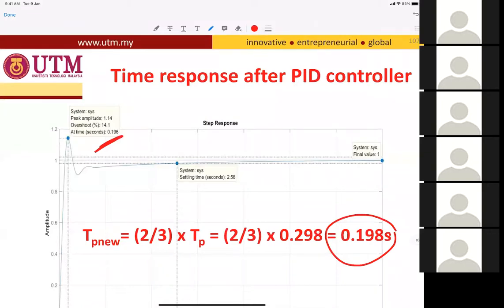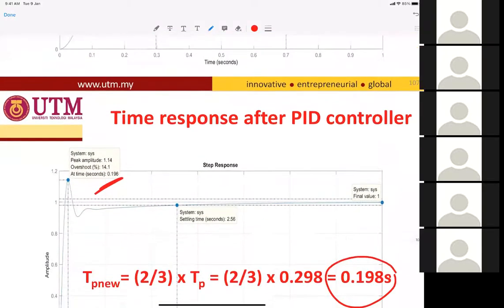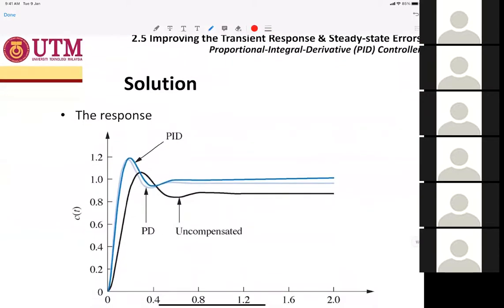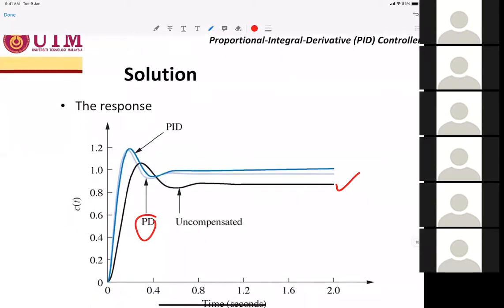Much faster compared to the previous one. This is the uncompensated, this is the PD, and this is the PID, which is much better. PID is much better than PD.